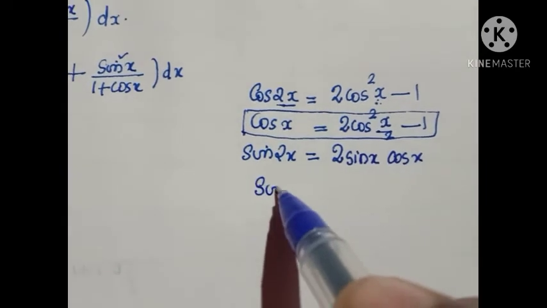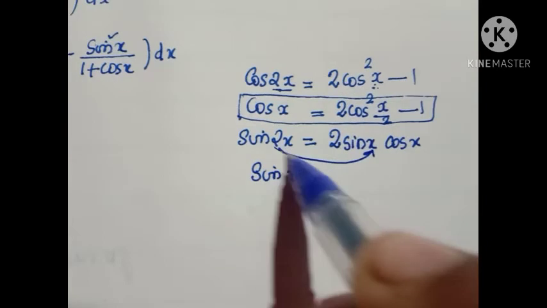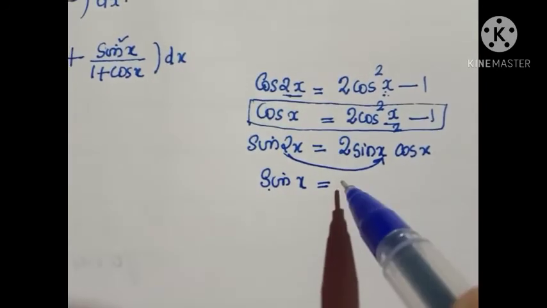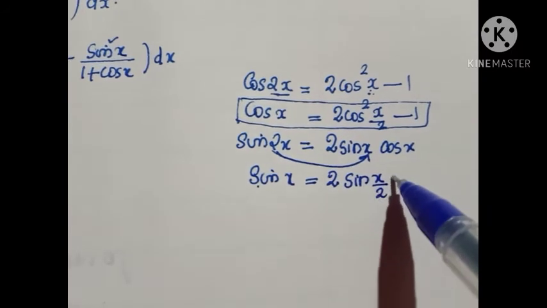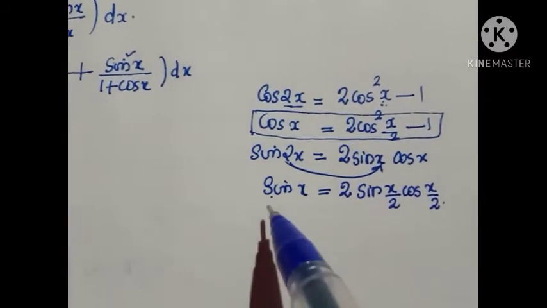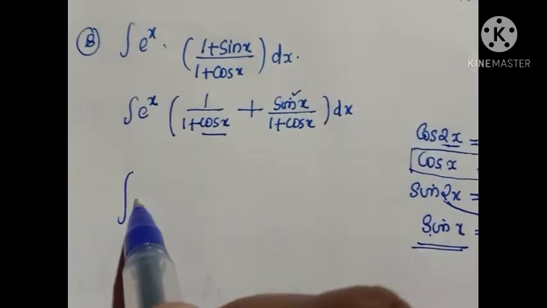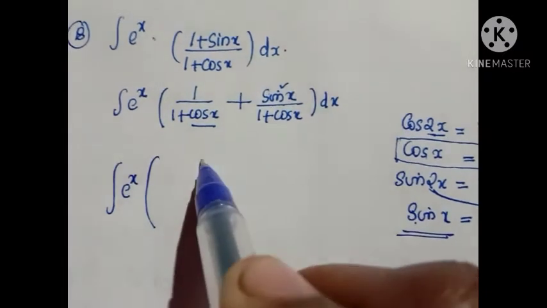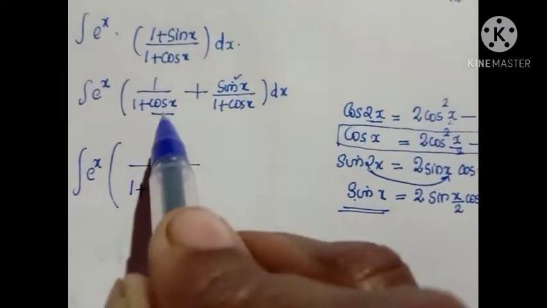So, what is sin x? Look at here, half of the angle. So, sin x becomes 2 sin x by 2 cos x by 2, isn't it? So, apply these two results here. So, integral e raised to x into 1 by 1 plus cos x.